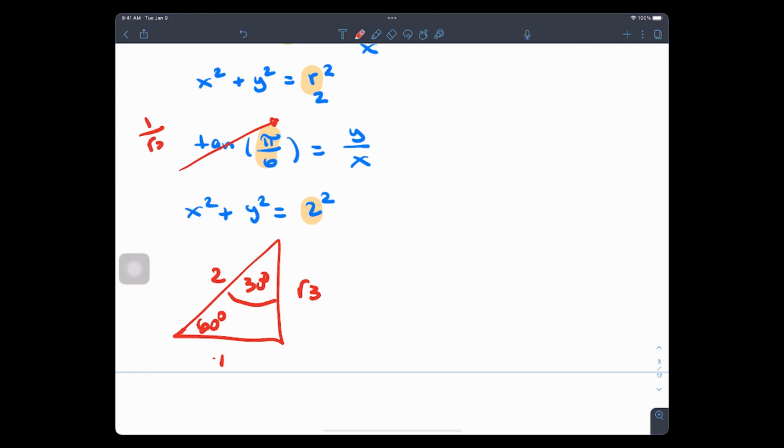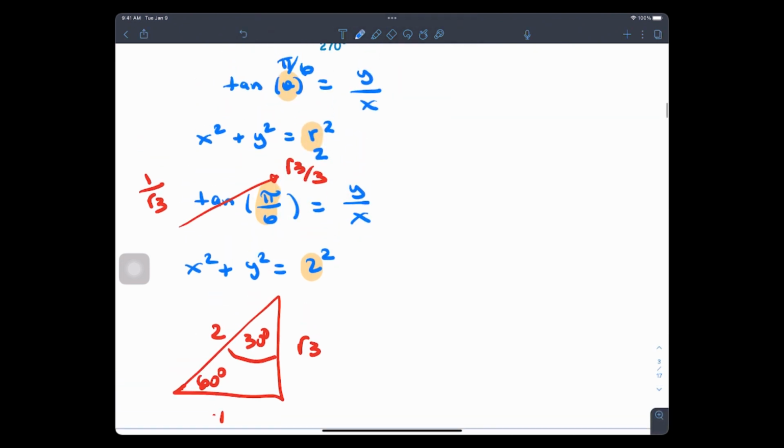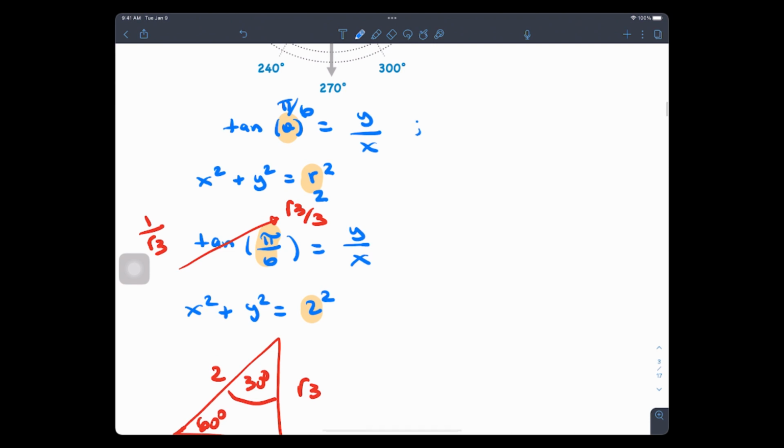That's 1 over the square root of 3, which is square root of 3 over 3 when we rationalize that denominator. Okay. So let's write this down here. What that means is y over x is square root of 3 over 3, or we can say y equals square root of 3 over 3 x.